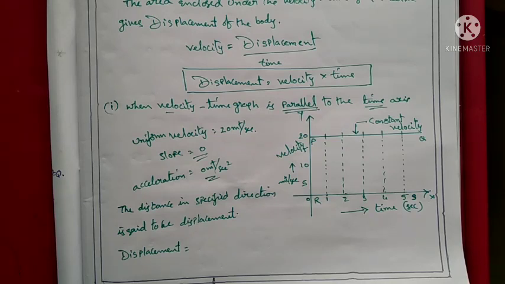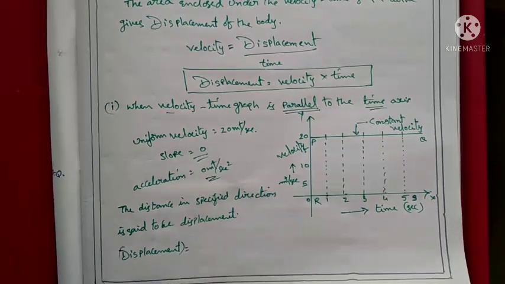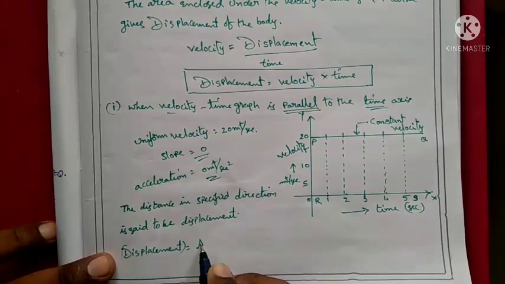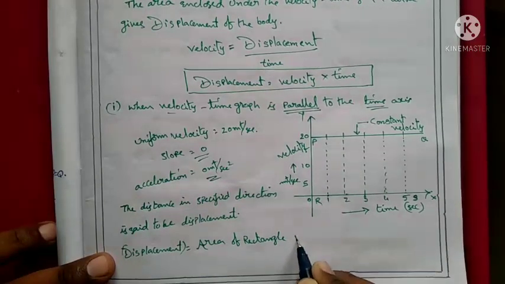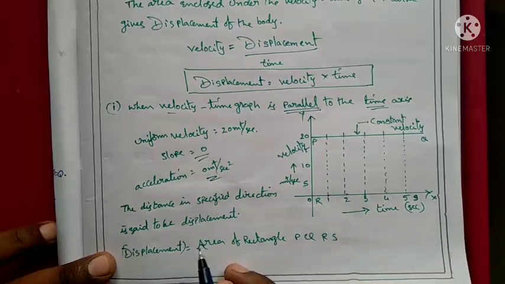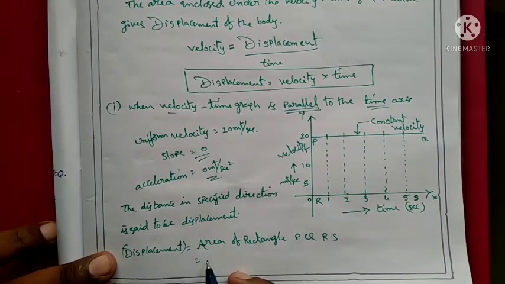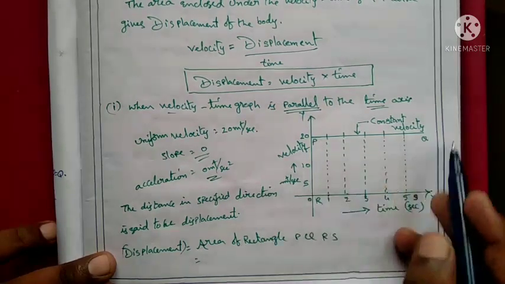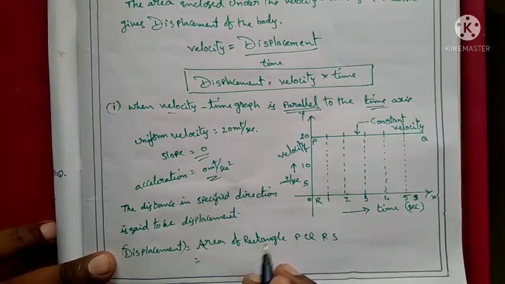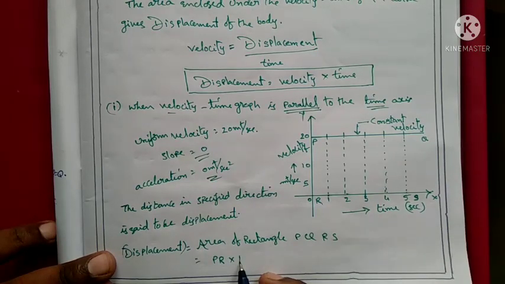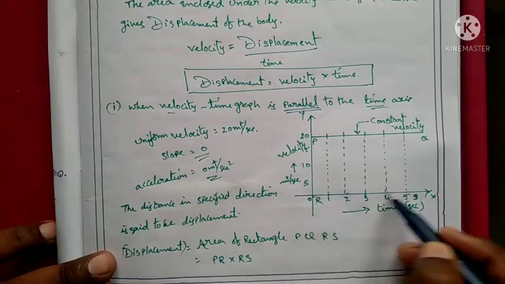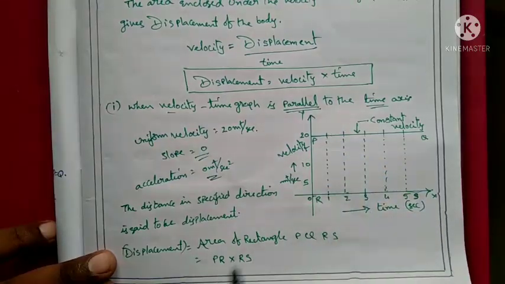Now displacement, the distance covered in a specified direction, is equal to the area of the rectangle. The area of rectangle PQRS is PR into RS, or RS into PR, either one.